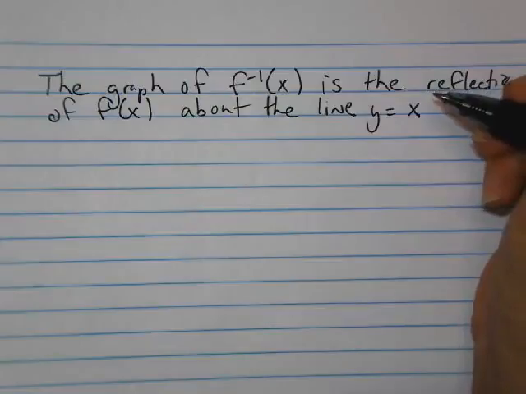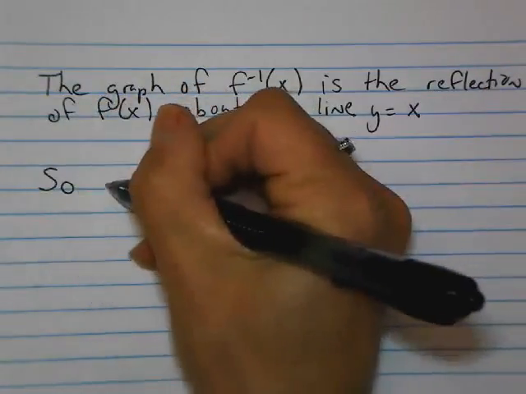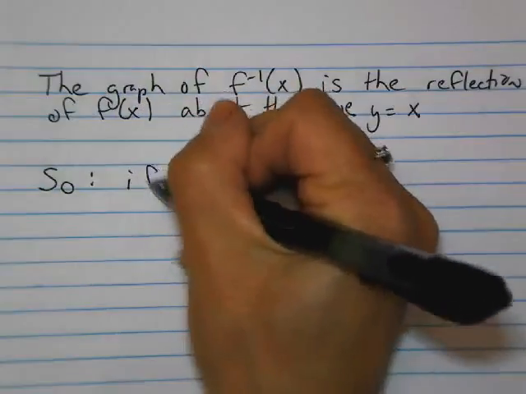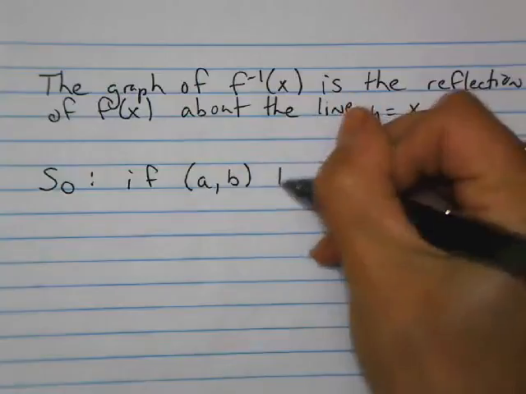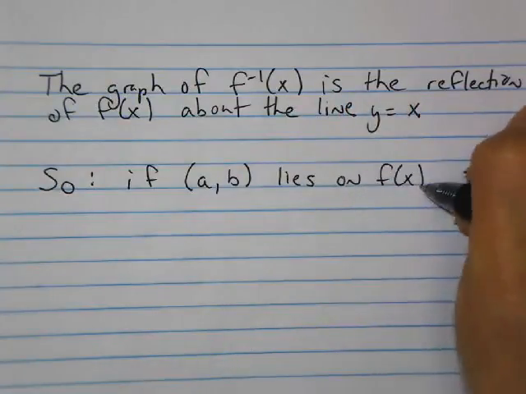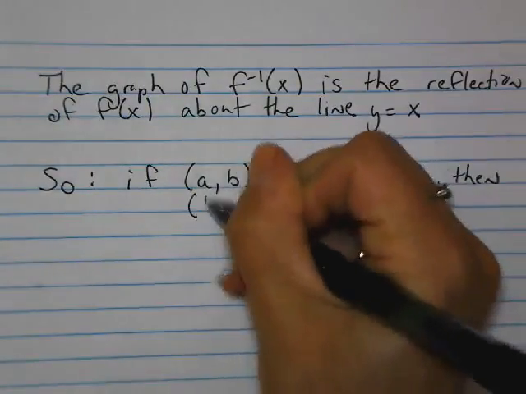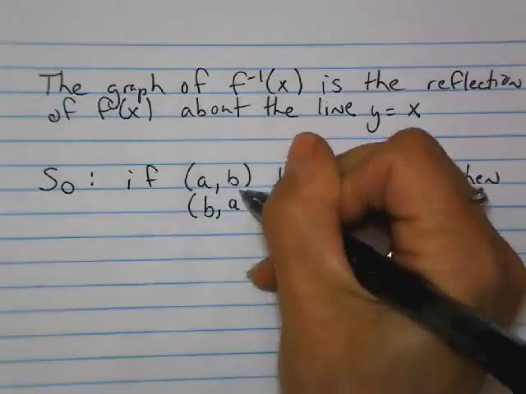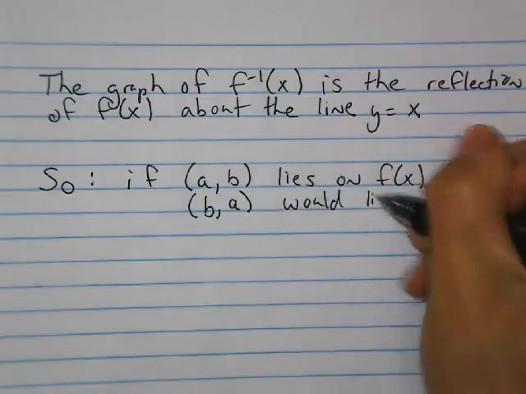So in other words, if a comma b lies on f of x, then we reverse them. B comma a would lie on f negative 1 of x.